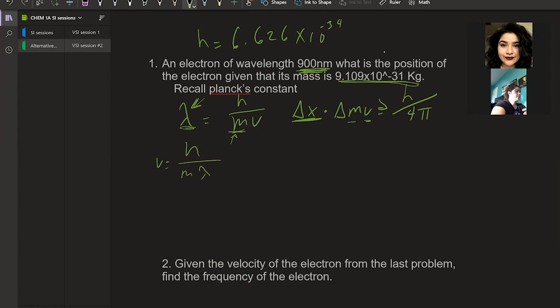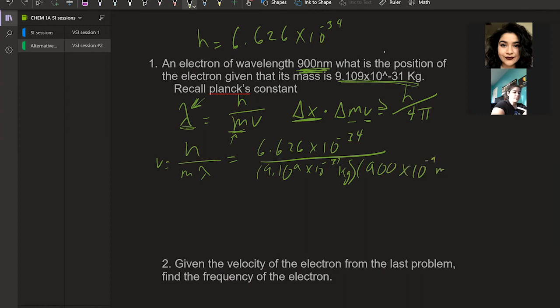That's going to be 6.626 times 10 to the negative 34 over 9.109 times 10 to the negative 31 kilograms, which is the mass of the electron, and then the wavelength, which is 900 times 10 to the negative 9 meters. That's a little trick I like to do when working with nanometers as opposed to meters: I just take the number and multiply it by 10 to the negative 9.